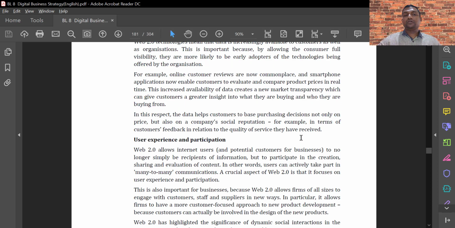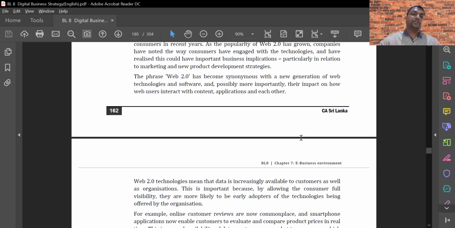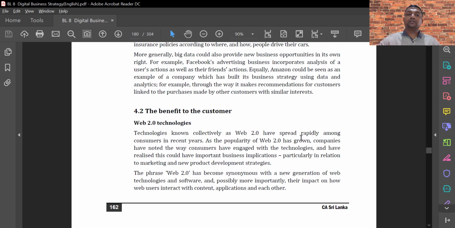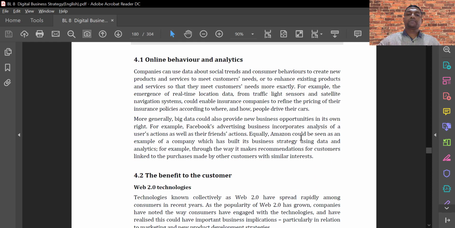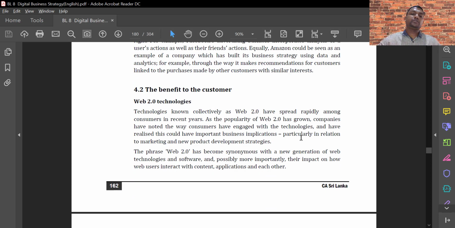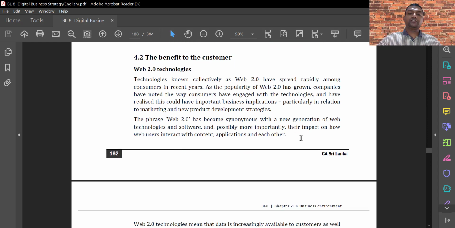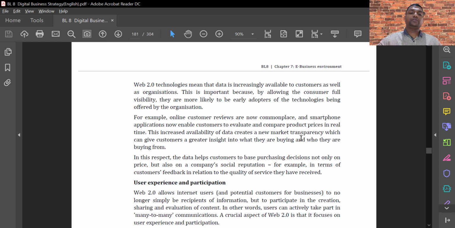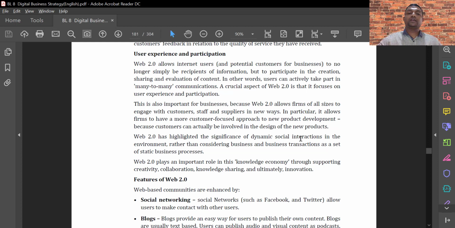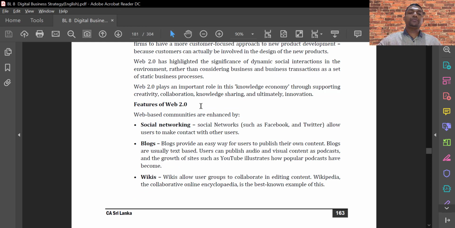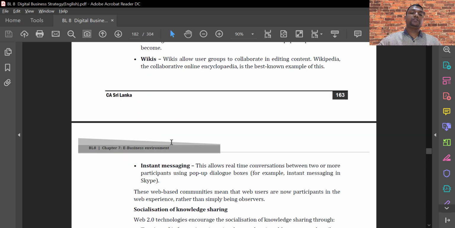When we are talking about the internet and development in web technology, we talk about Web 1.0, which was many years back, and then Web 2.0. These are basically the different technologies which were introduced, and Web 2.0 is not a new concept. It is maybe more than 10-15 years old, and with Web 2.0 only all these features start coming in.